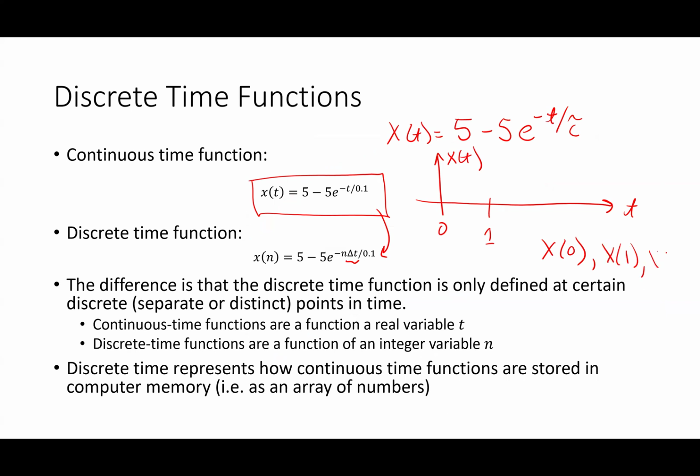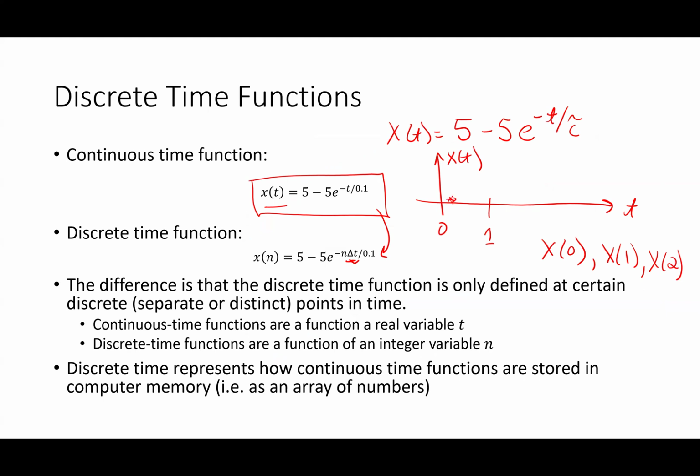The third entry would be x of 2. I can't have x of t as an array. So we quote unquote discretized it, where I choose a time step delta t, and that time step tells me how much space there is on the time axis between individual points.